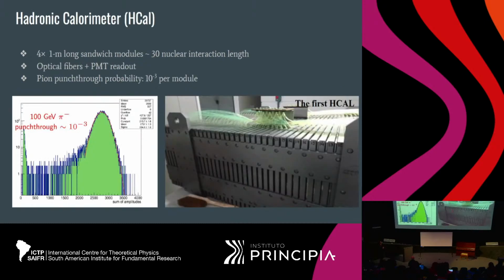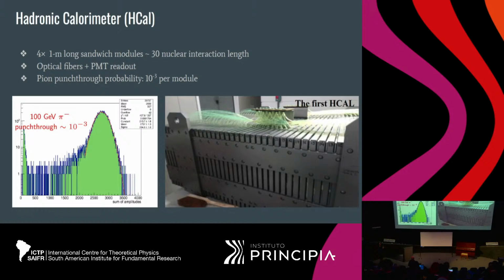Finally, this is the HCAL, which is again similar technology, but with rougher segmentation. We are again talking about lead and scintillator, and this time iron, because it's very big and lead costs a lot.